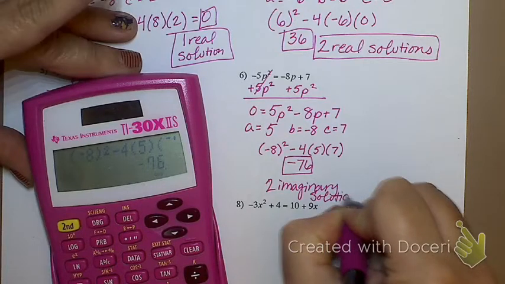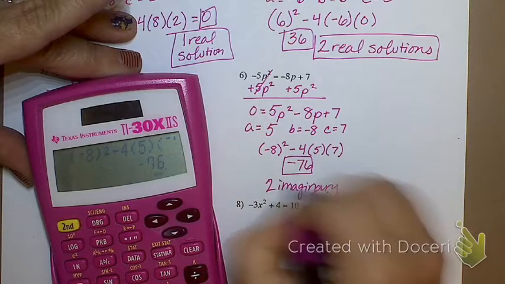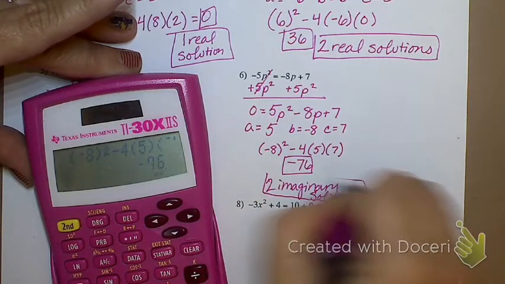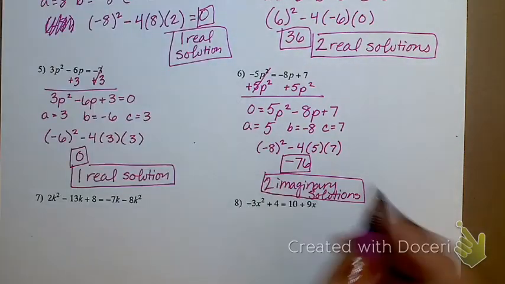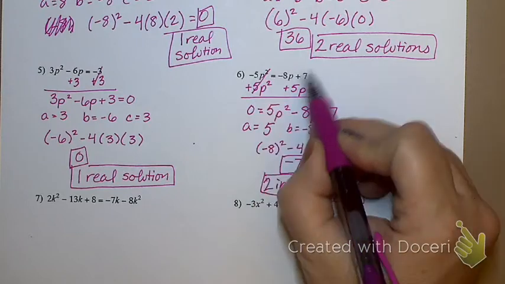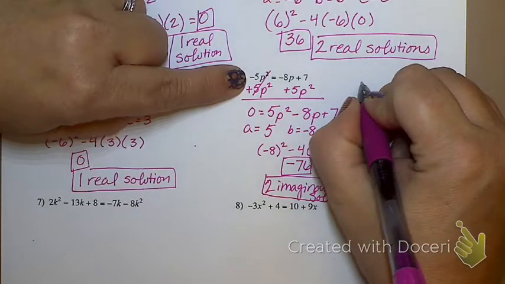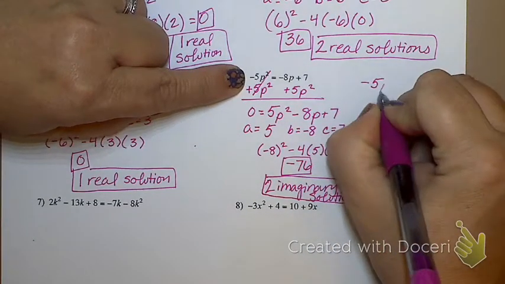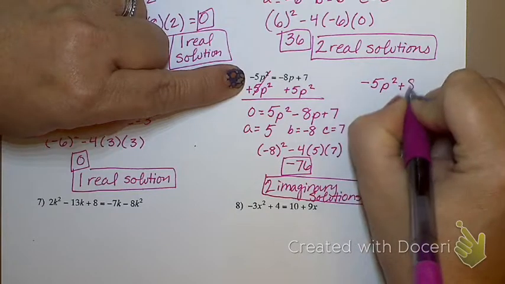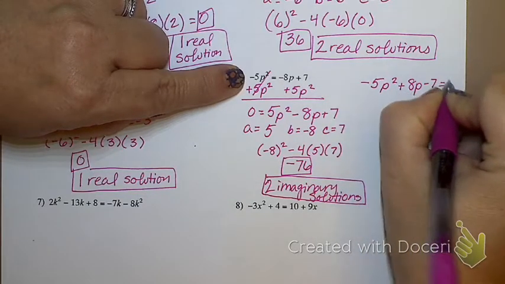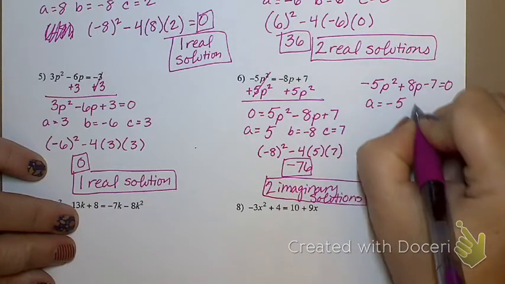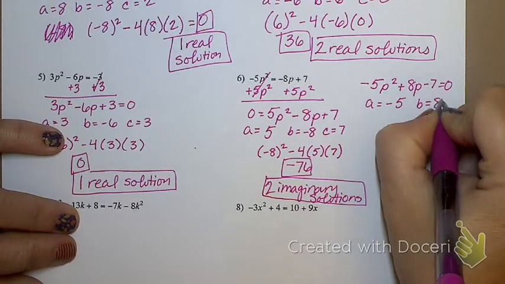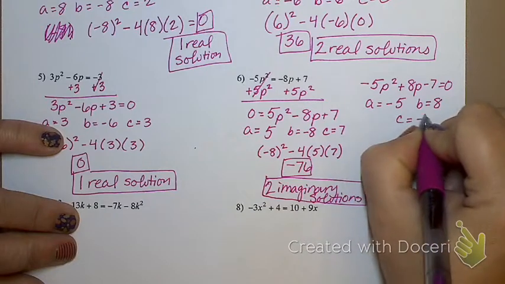Now let me explain something here. Many of you probably moved everything the other way, didn't you? You probably added 8p and you subtracted 7p. If you did that, you ended up with negative 5p squared plus 8p minus 7 equals 0. That is a different a value, a different b value, and a different c value, right?